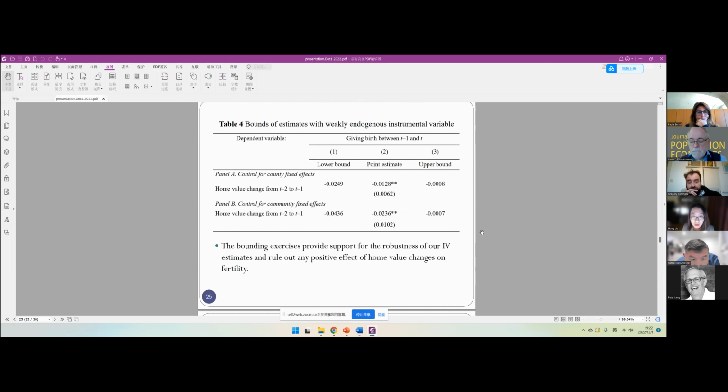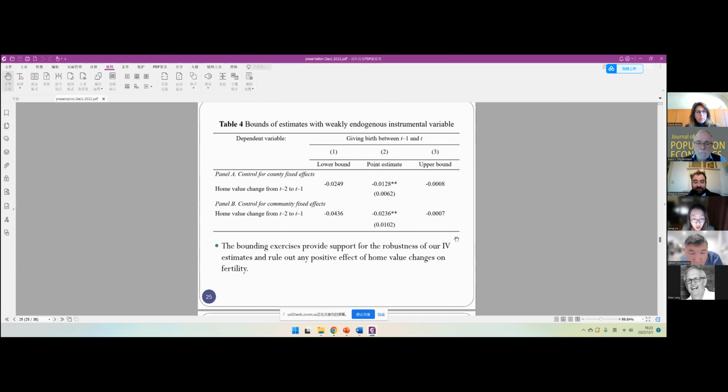Because we only have one instrument, the exogeneity of the instrument is basically untestable. So here we employ the bounding approach to help address concerns regarding the exogeneity of our IV.